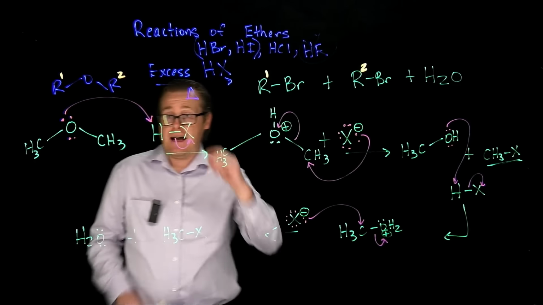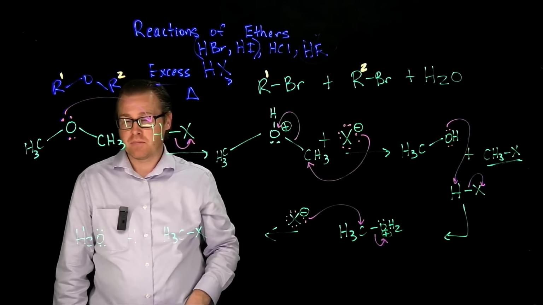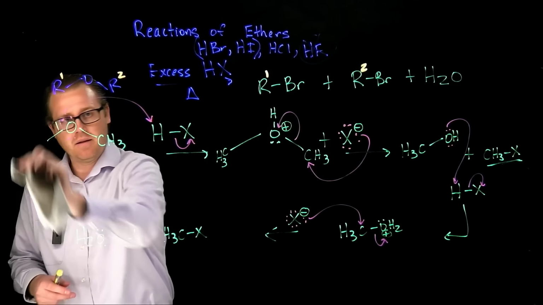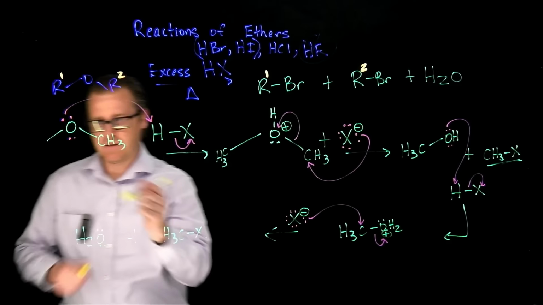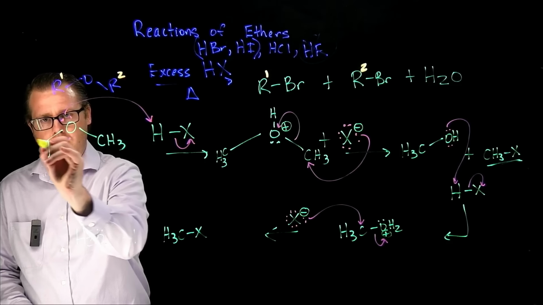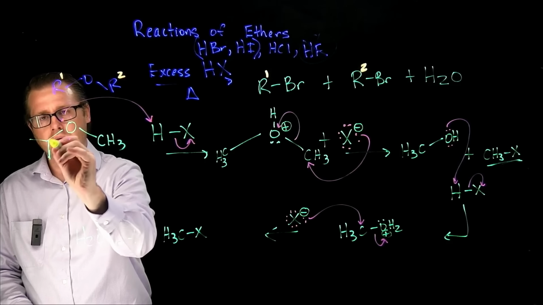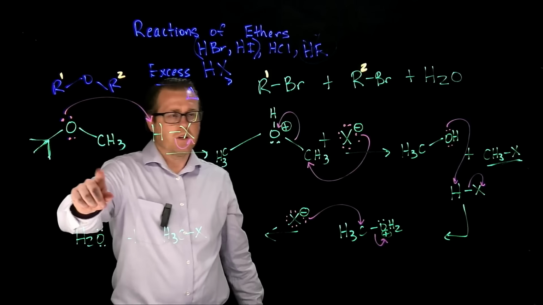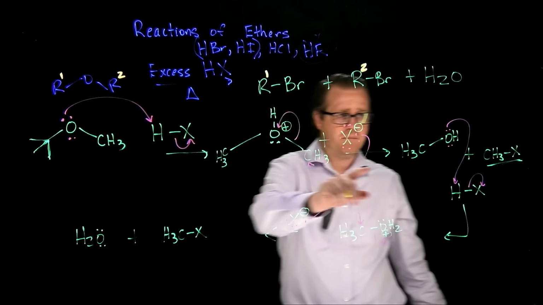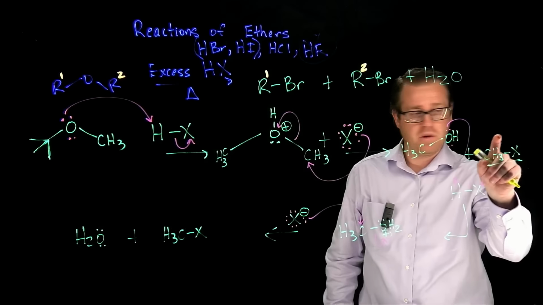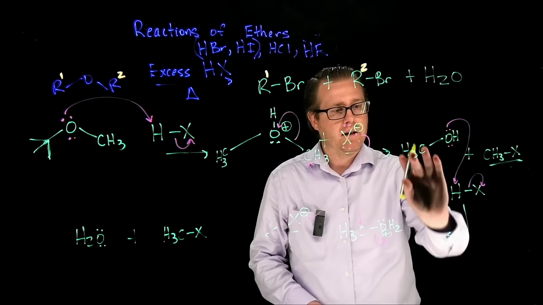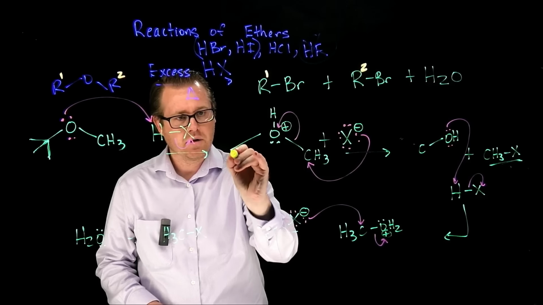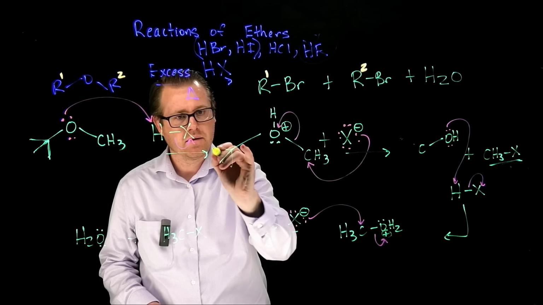Now, what if you had a different type of ether? What if we had an ether like this. So the first step right here is going to be just fine. We'll generate that. But along the way here, this molecule now looks like this.